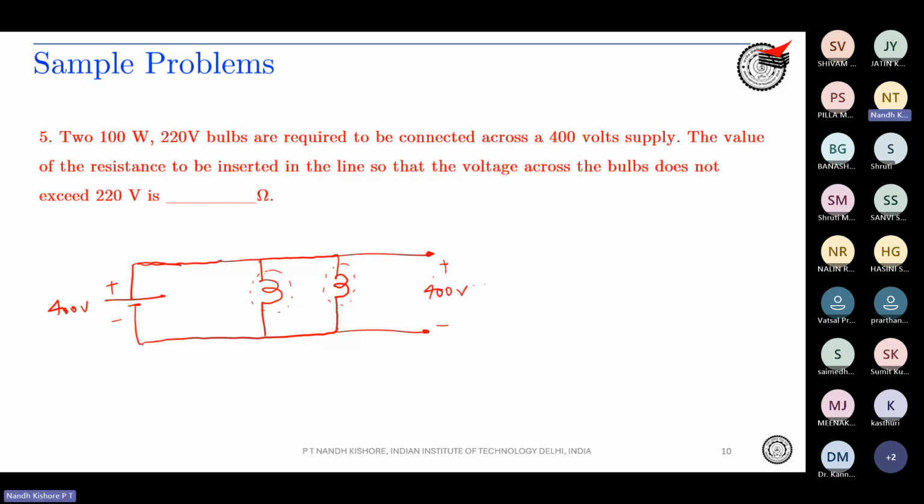The question they are asking is, what is the value of the resistance that I need to insert into the circuit so that some drop happens across it, so that my final voltage across the bulbs is going to be only 220 volts? So this is the question.